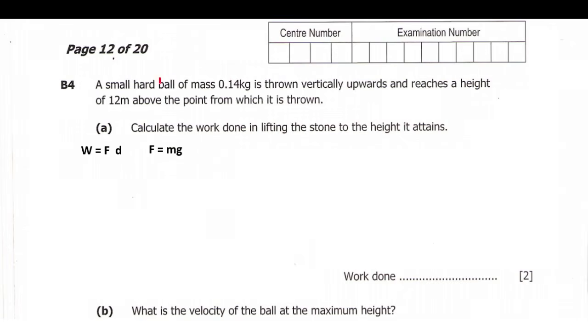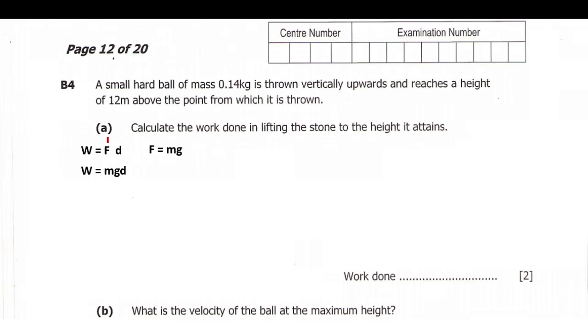That's what we are supposed to know. When it is thrown upward, it will go there with an acceleration due to gravity. So the force will be mass given here times the acceleration due to gravity, which is always 10 newtons per kilogram. So since force is equal to mg, we are going to substitute in our equation.